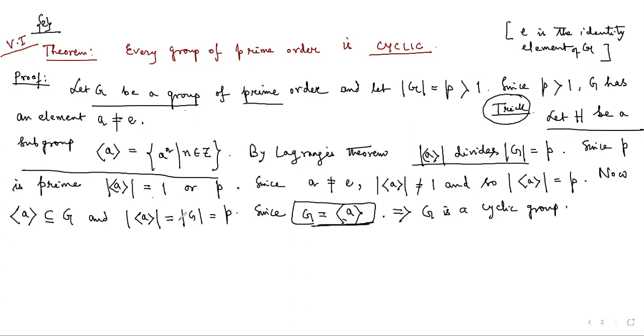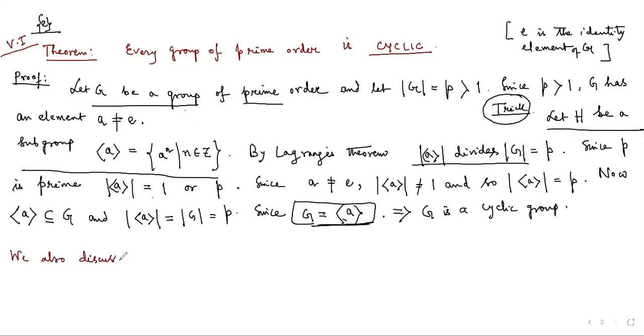And you know that in our last class, we also discussed a very important fact, if you can remember: every cyclic group is a commutative group.